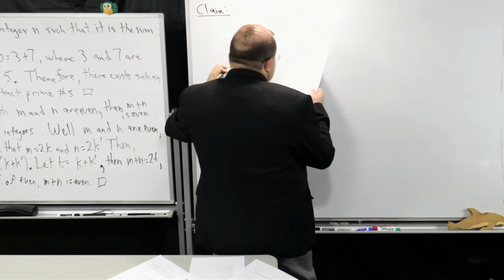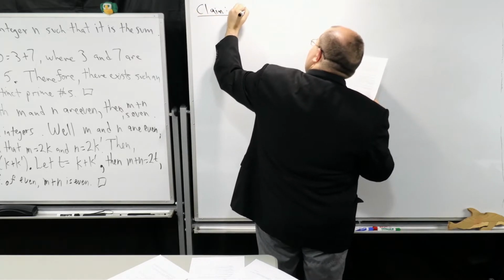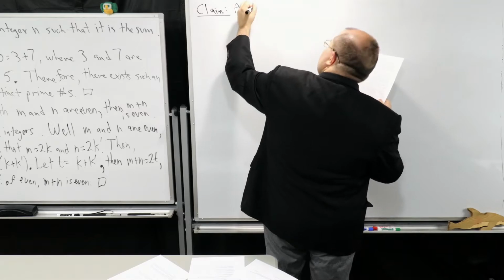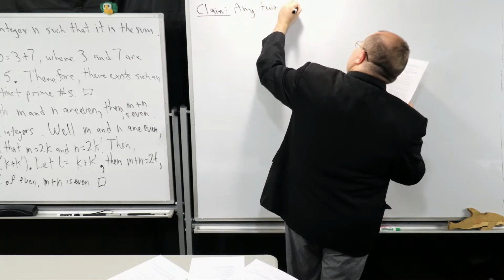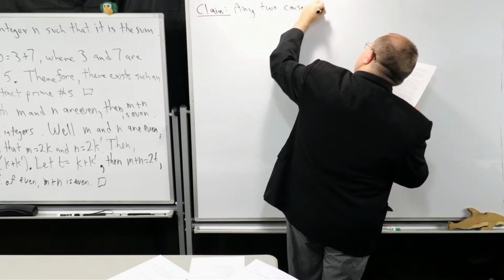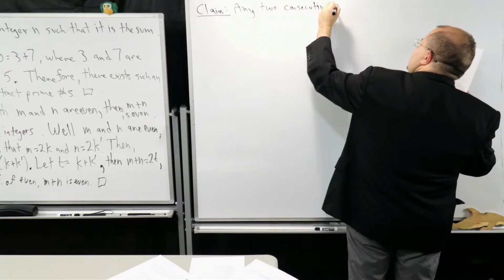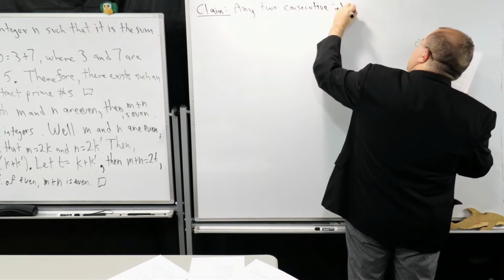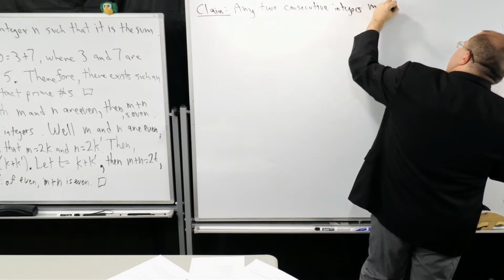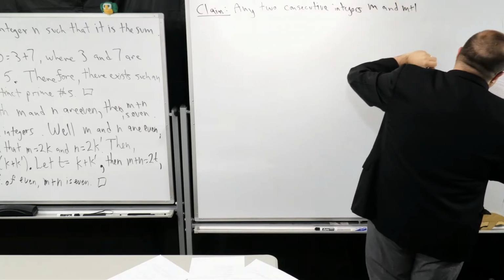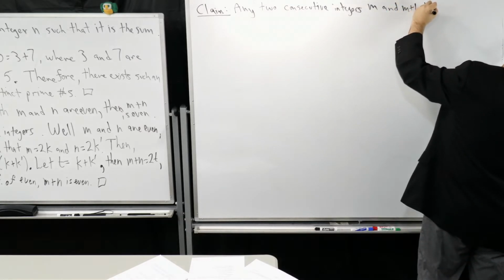Here's the claim. Any two consecutive integers m and m plus 1 have opposite parity.